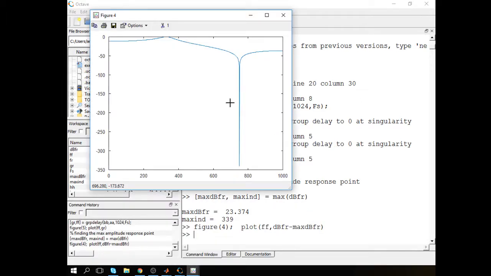There we go. Okay. So scaling of the filter means this one. For unity gain, it means that you will scale it such that the maximum amplitude response hits 0 dB, meaning gain of 1.